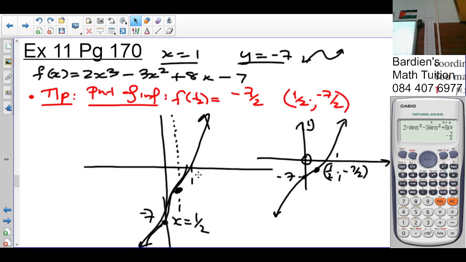How many marks is sketching the graph? 7 marks. So know your story. Listen, to work out your turning points is already 4 marks. To work out your x-intercept, what I just showed you now, 3 marks. So that's already 7 marks.